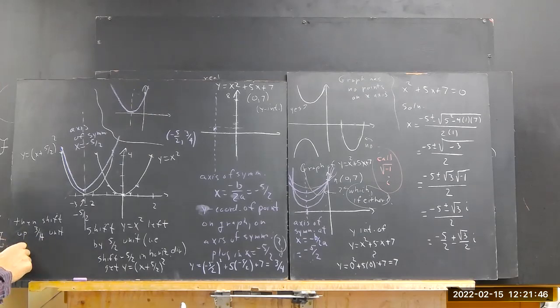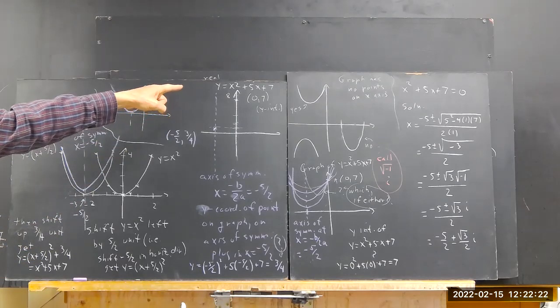Its equation is this. Well, if you expand x plus 5/2 squared correctly using the distributive law and add 3/4, here's your x squared plus 5x plus 7, which is the equation we have.